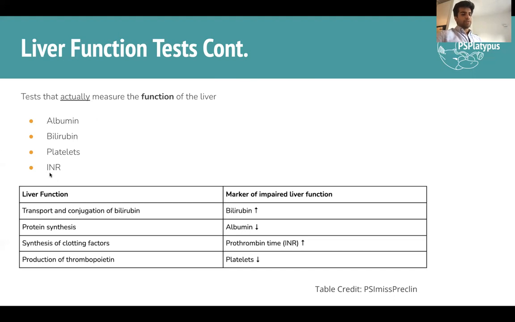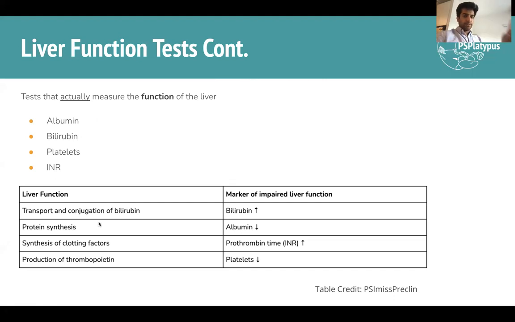Now, INR, something you talk about a lot in heme, is essentially a time. It's the amount of time taken to clot blood. The time taken to clot blood is dependent on how many clotting factors you have. If you have more clotting factors, blood's going to clot faster. If you have fewer, blood's going to clot slower.